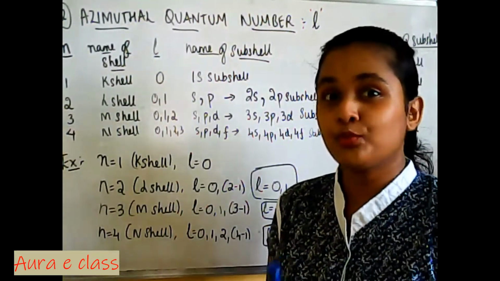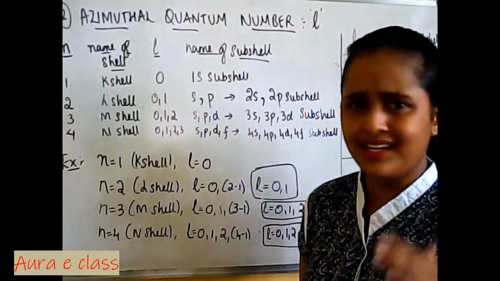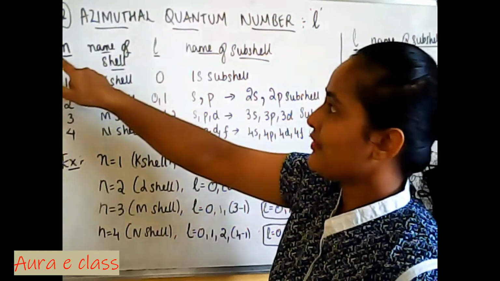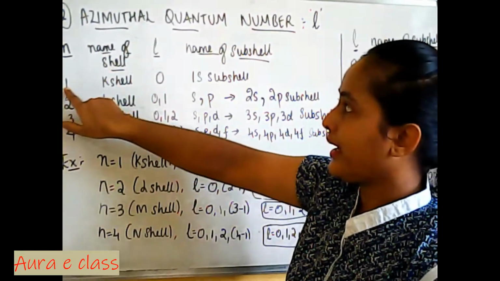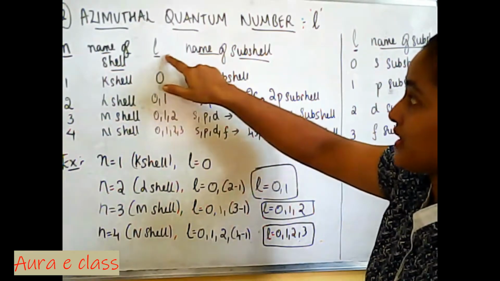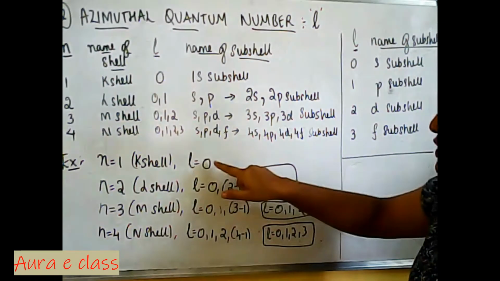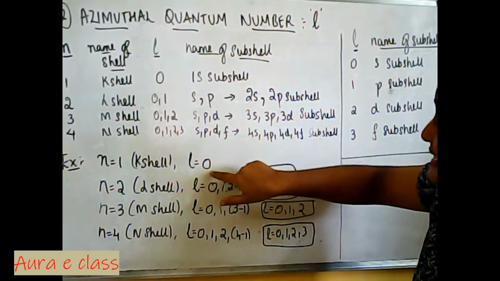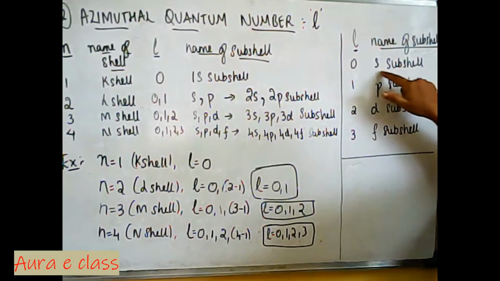So now let us move one step higher. It is very simple. I will make it very simple. Now we have n is equal to 1. What is the name of my shell? That is K shell. What is my L value from the calculations? I have got it as 0. What is the name of that subshell? It is s subshell.